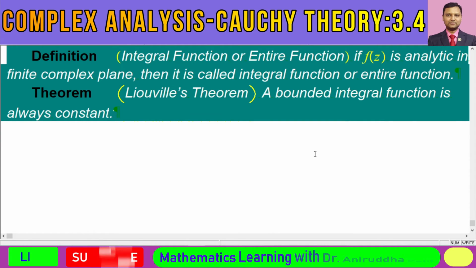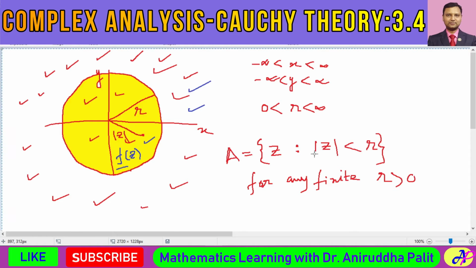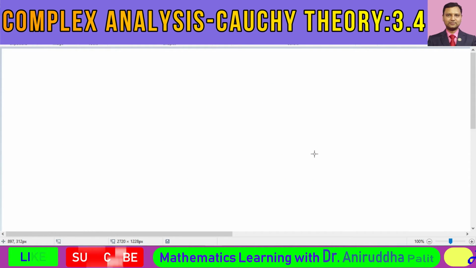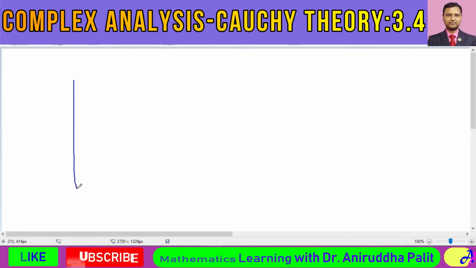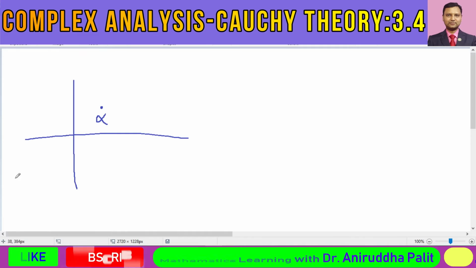So over here, consider any arbitrary point alpha. Let me just remove this picture. Instead of considering this kind of complex plane, you can also consider any point, say alpha, in this finite complex plane. Of course, finite complex plane means we have to draw a large circle centered at the origin.